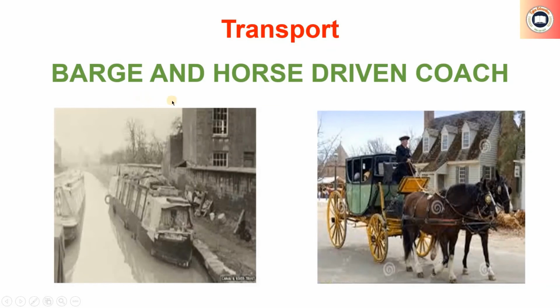So, children, here you can see some pictures. Before the use of steam railway locomotives, people used horse-driven coaches, barges, camels, etc. to travel or to move goods from one place to another.